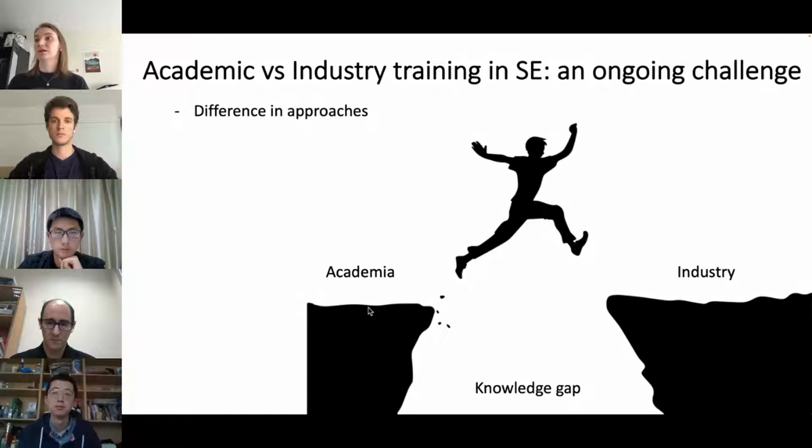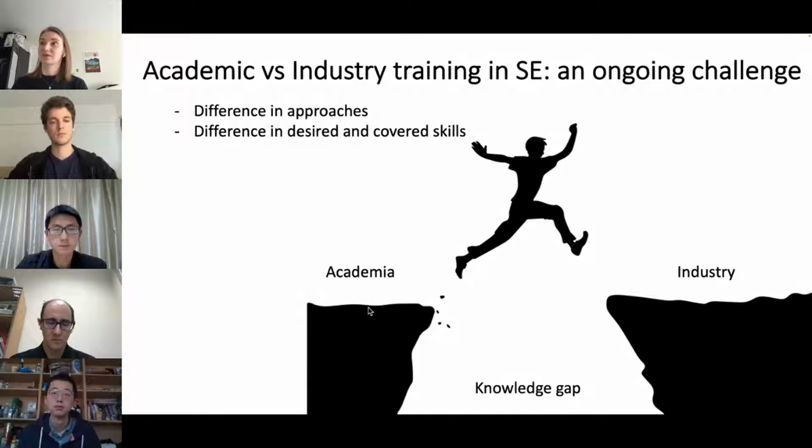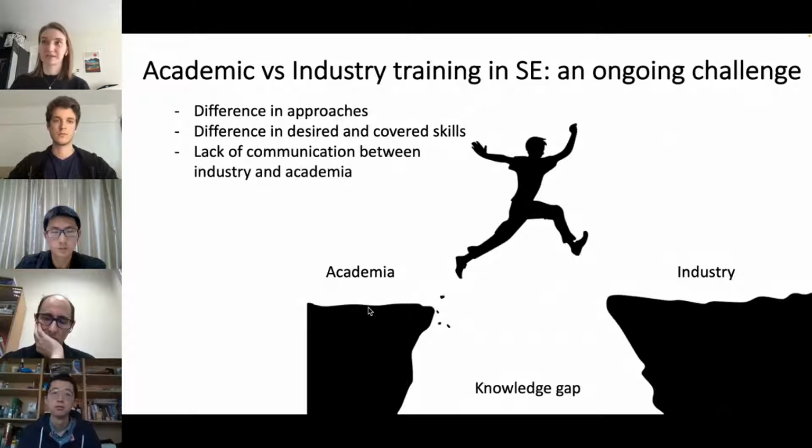So academia and industry, of course, have certain differences in approaches to education, differences in desired and covered skills, because academia has their own learning outcomes, learning goals, and industry has their own. And overall, we experience a lack of communication between industry and academia.